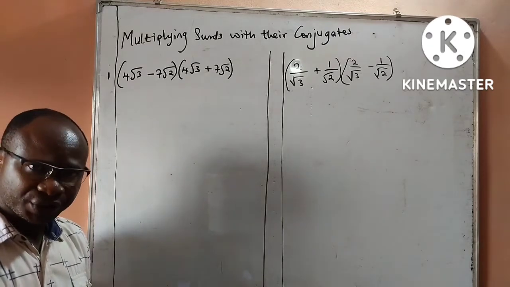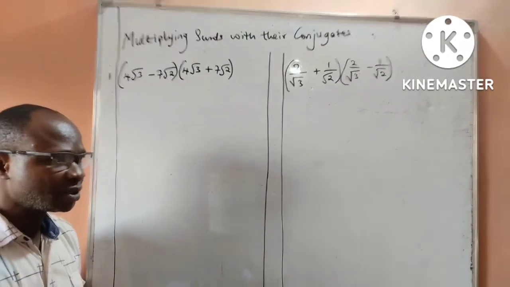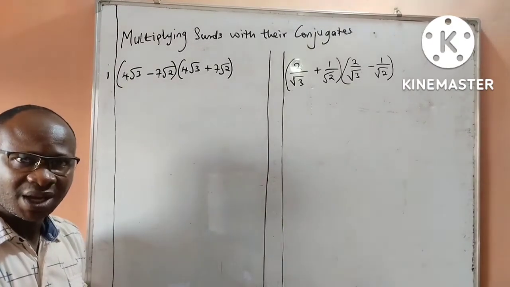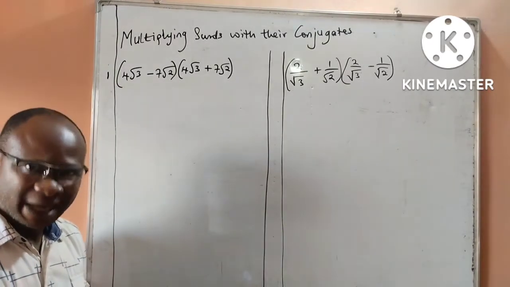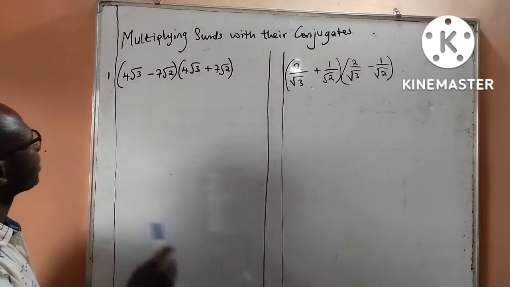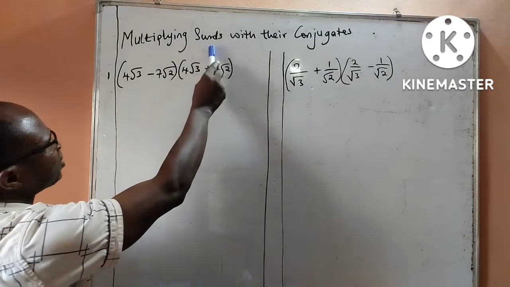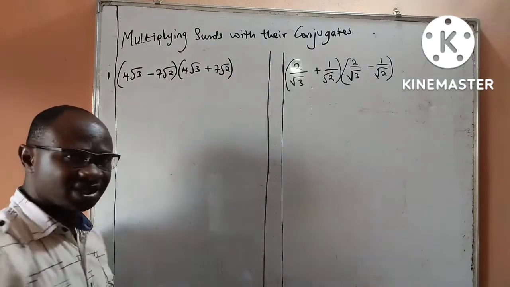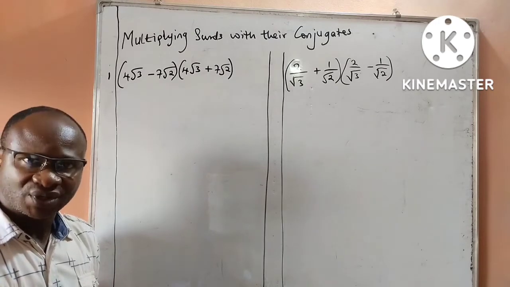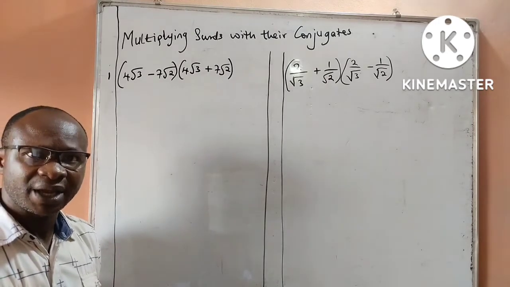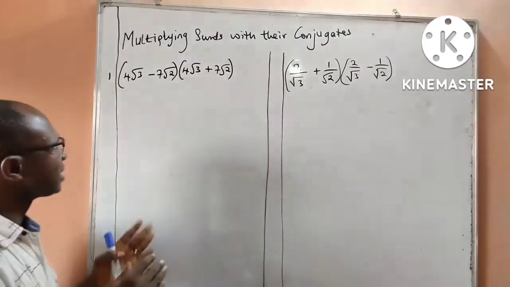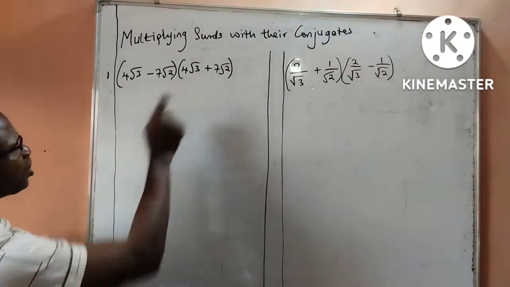In Surds Lesson 2, we went into multiplication and division of surds, and we gave examples. Today, what we have is multiplying surds with their conjugate. We want to see what happens when we multiply a surd with its conjugate. Let us begin. We have a question on the board.